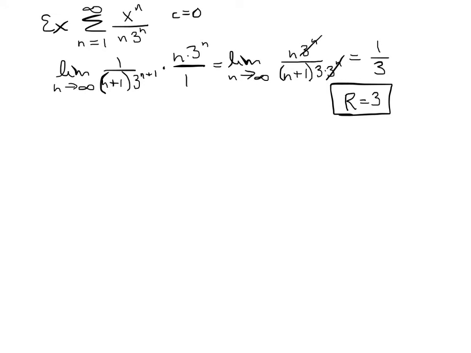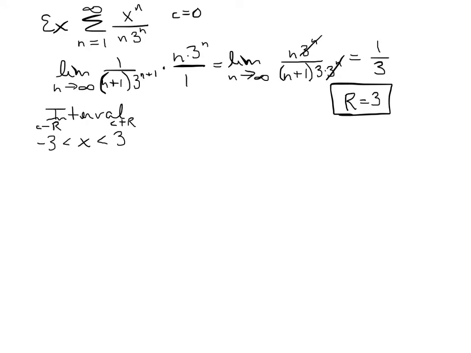So the interval x would be in between c plus 3, which is 3, and c minus 3, which is negative 3. So this was c plus the radius, over here was c minus the radius.